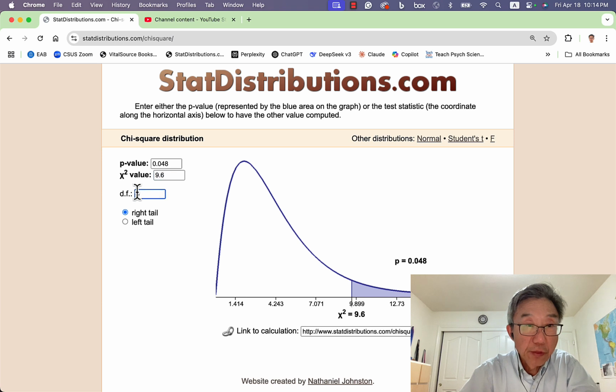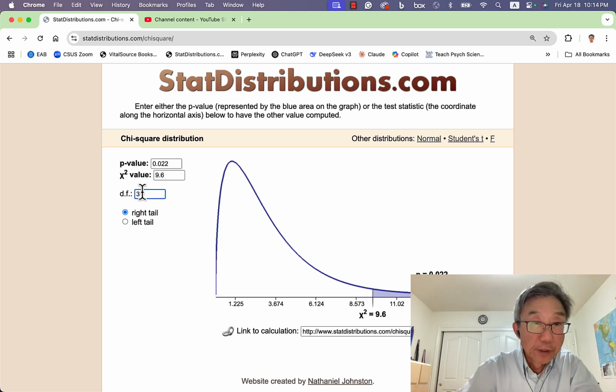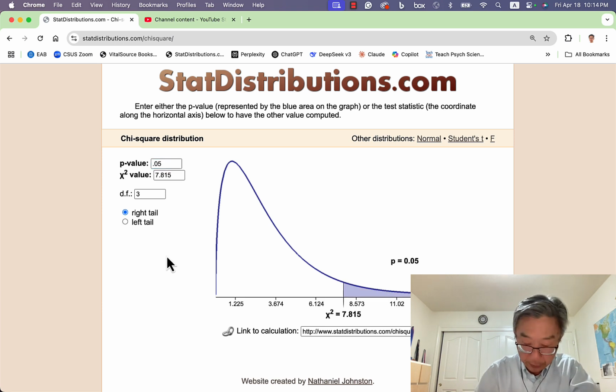We have 3 degrees of freedom and P equals 0.05, and the chi-square critical value equals 7.82. So if we calculate a chi-square greater than 7.815, then it will be in the region of rejection.